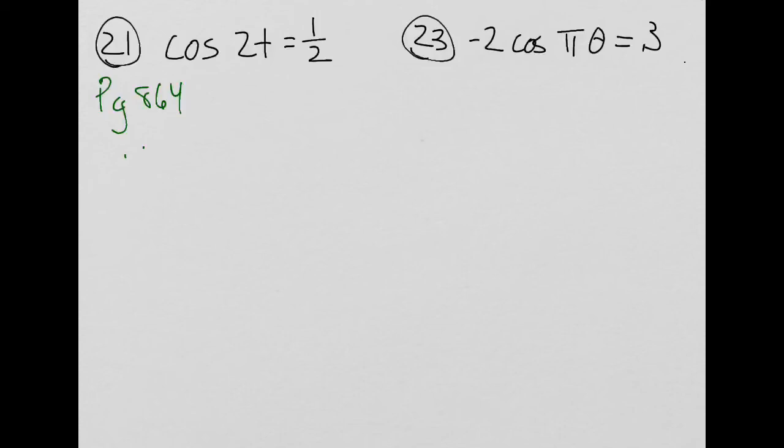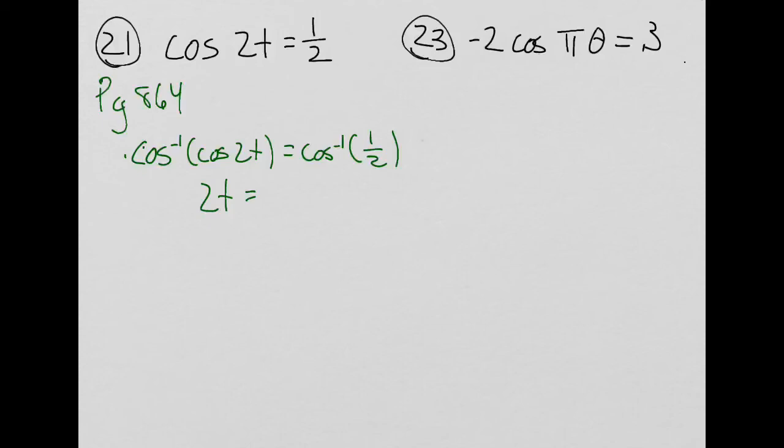Inverse cosine of the left, and inverse cosine on the right. Now the good news is inverse cosine is on your calculator. On the left, cosine and inverse cosine cancel each other out, so you're just left with 2t. On the right, you need to use your calculator.